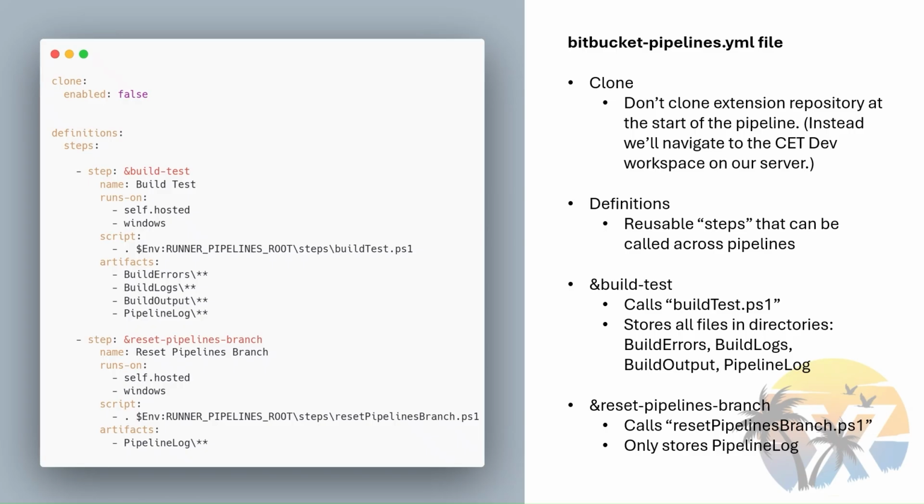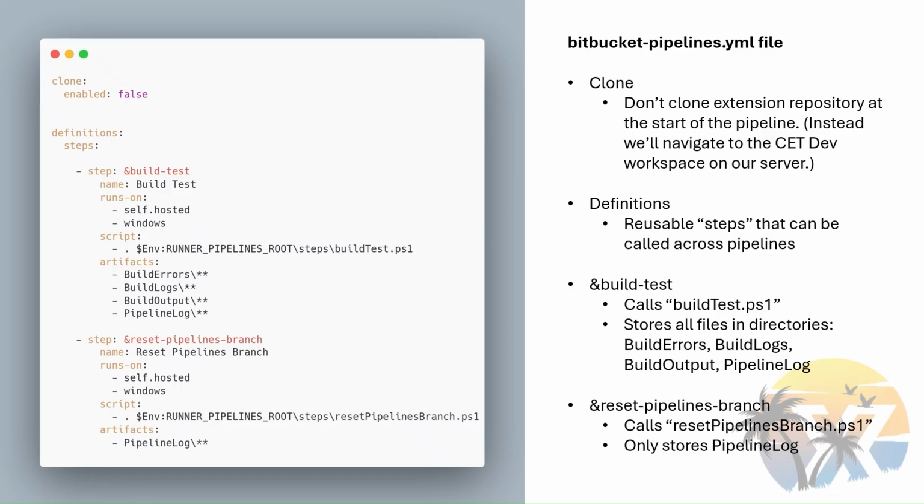In our situation, we only have one runner, so it is self-hosted, it is Windows, so really the runs on is not relevant with our setup here. But if we had multiple runners, that's where we would call out which runner would run this step.